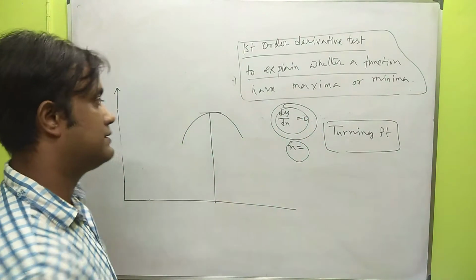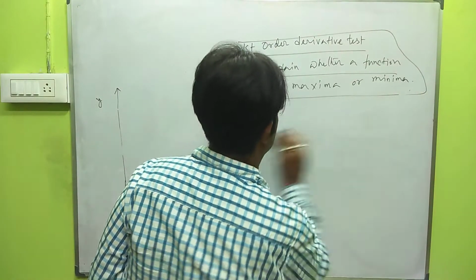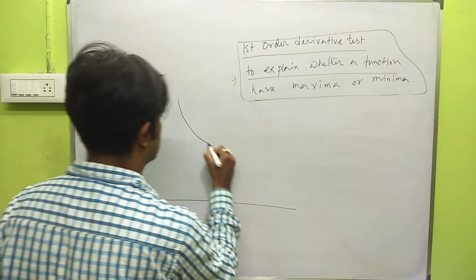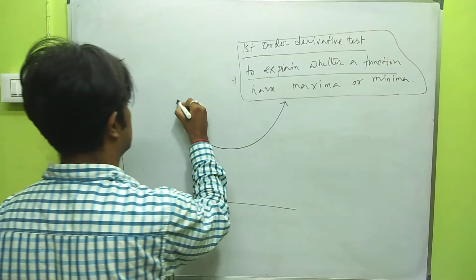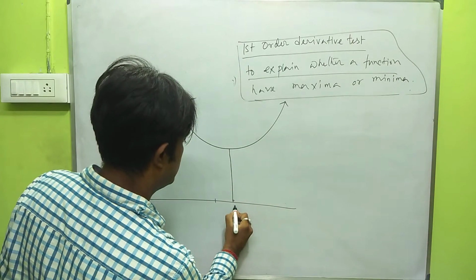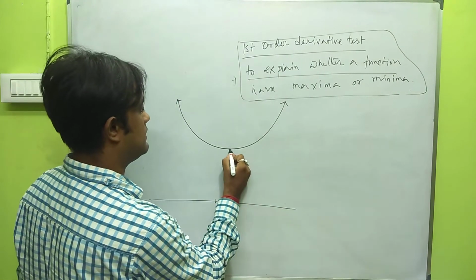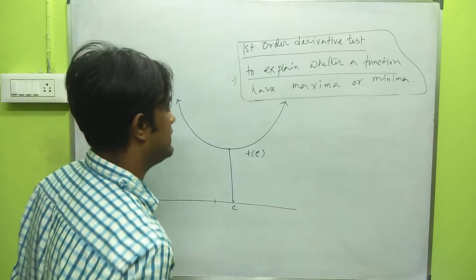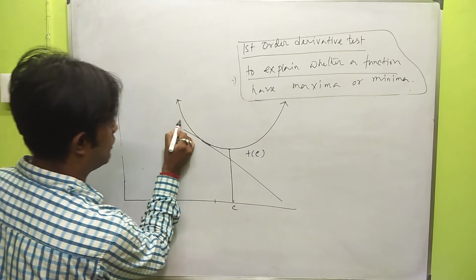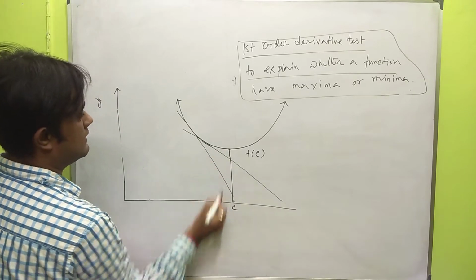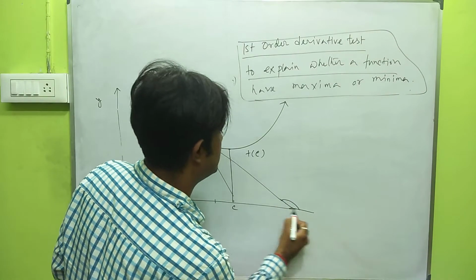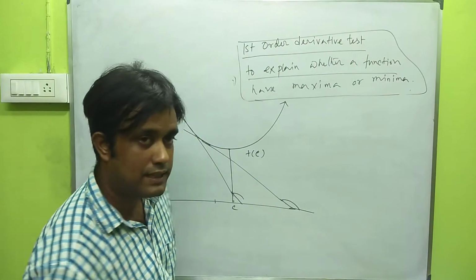If the function is like this, then it is very clear that if this is point C, then it is f of C, and if we draw a tangent on the left side of C, this tangent makes an obtuse angle.